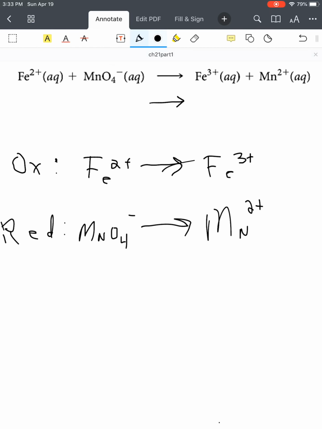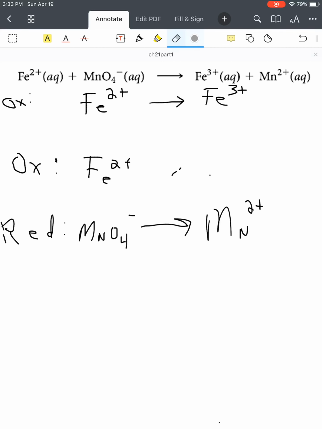I'm going to rewrite it here to save myself a little bit of space if I can. So I've got my iron 2 plus, I've got my iron 3 plus on the right. It's my oxidation. And I'm balanced for all other elements except for hydrogen and oxygen. In fact, there is no oxygen or hydrogen, so I don't even need to worry about that either.